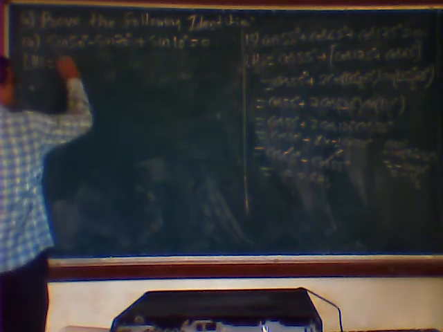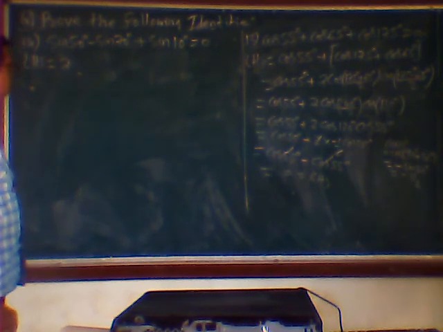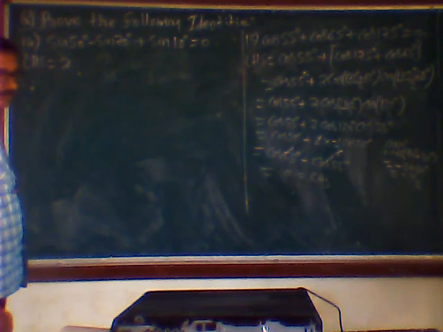That is 2 cos (C plus D)/2 into sin (C minus D)/2.